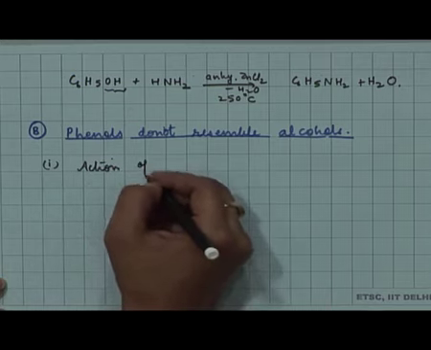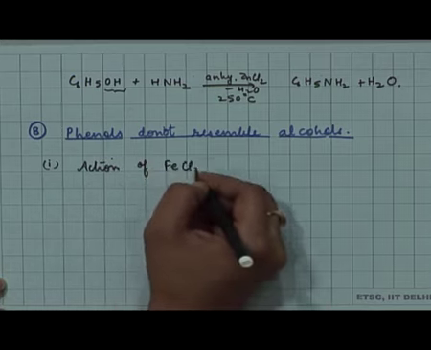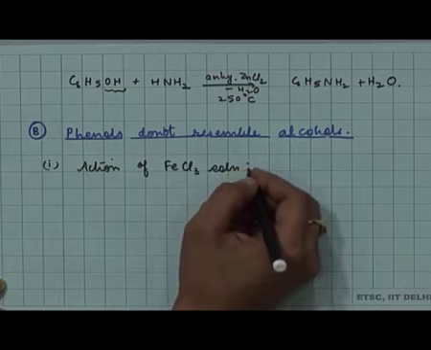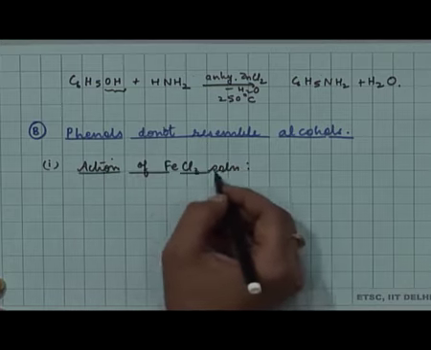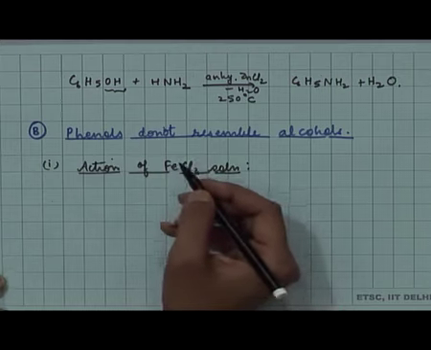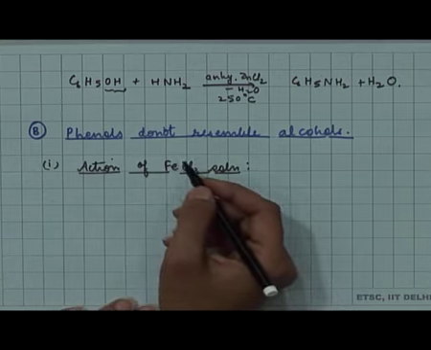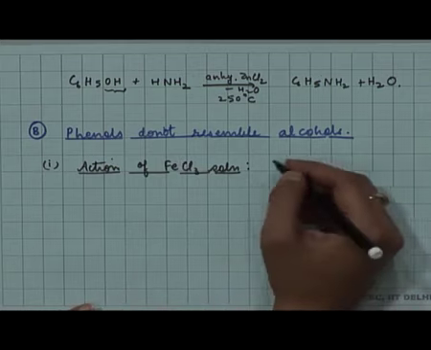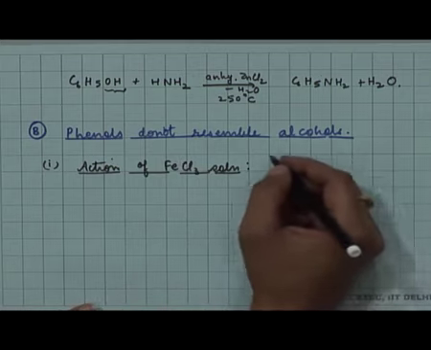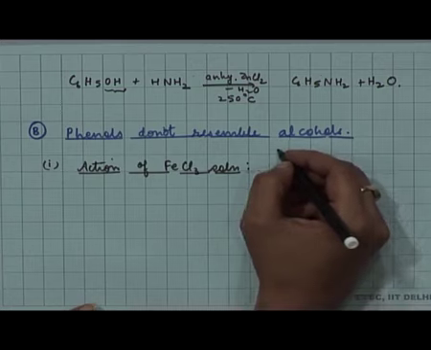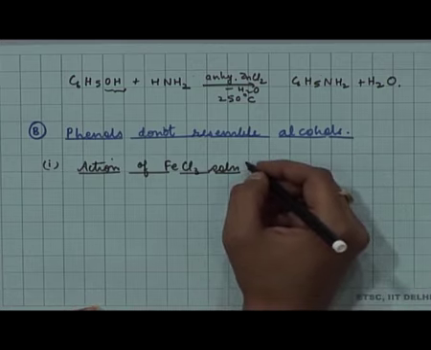This reaction is taken as a test for identification of phenol. It is a qualitative color test for identification of phenols. This tells us if the OH group is attached to the aryl core.